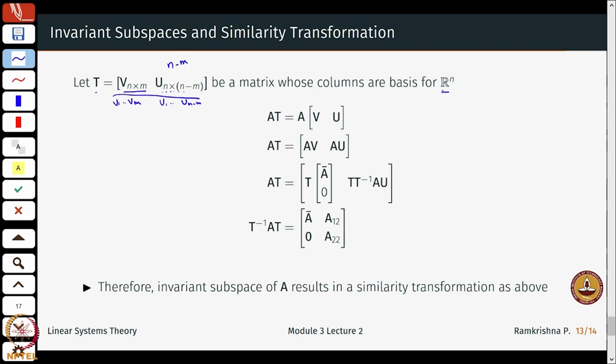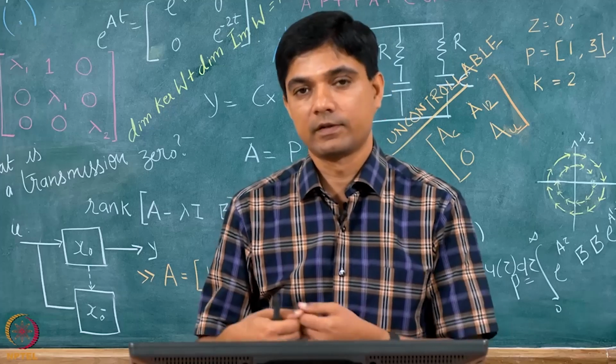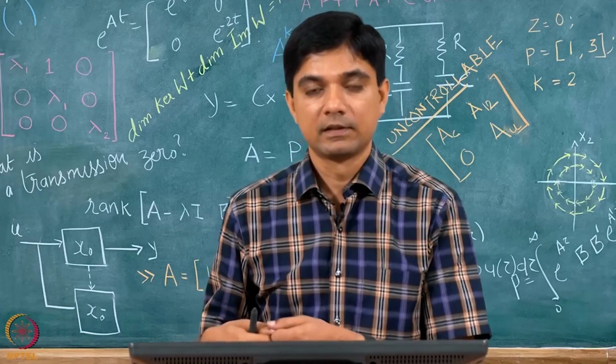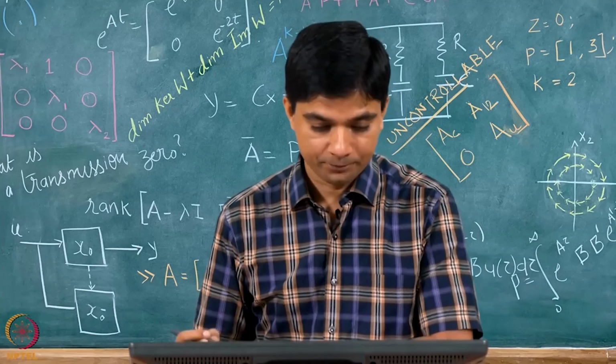I can always do this. You give me m independent vectors, I can always write the remaining n minus m vectors such that they are linearly independent of each other.